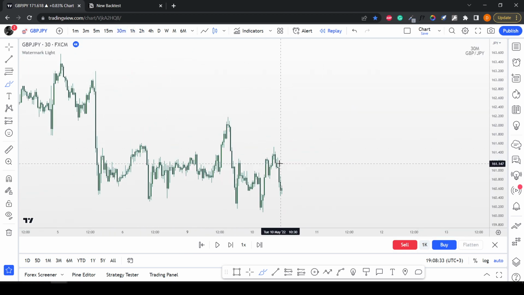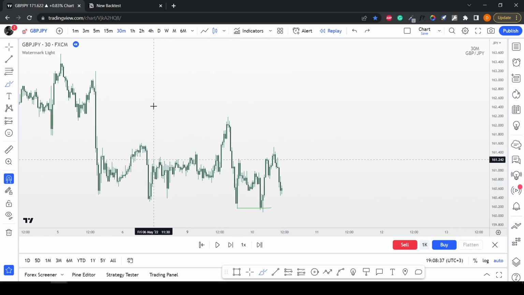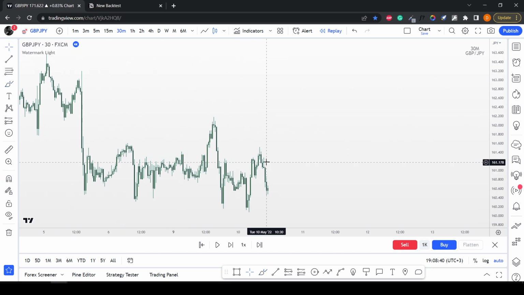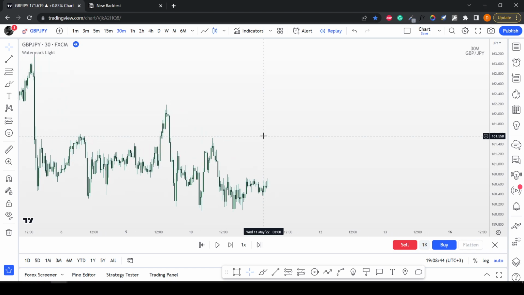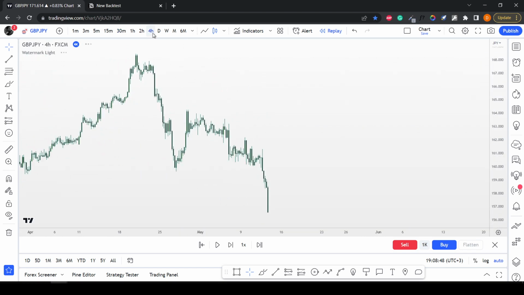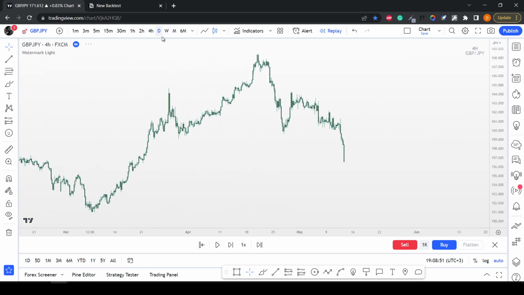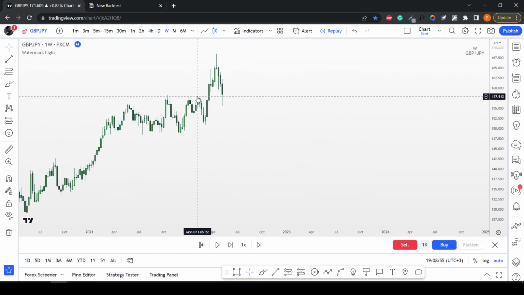Recently, of course, creating this inside structure clear shifts, and you know what, I will wait for 30 minutes shift. So we are just breaking down and breaking the daily. We're breaking the daily and mitigating the weekly here.